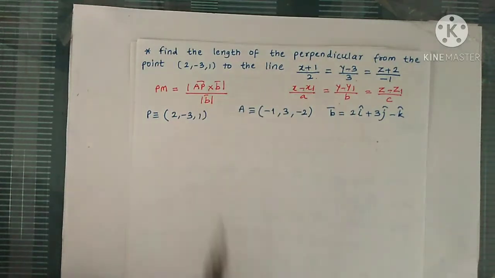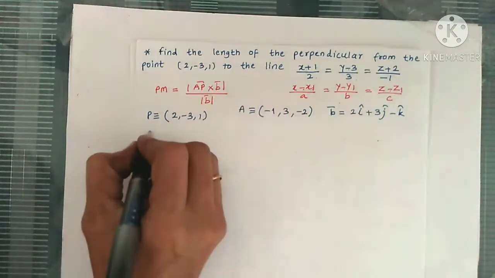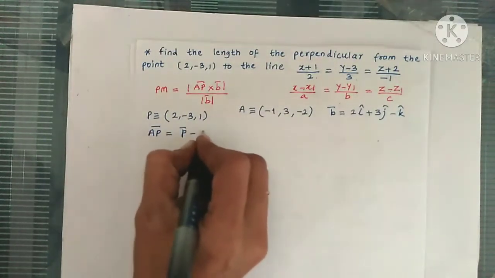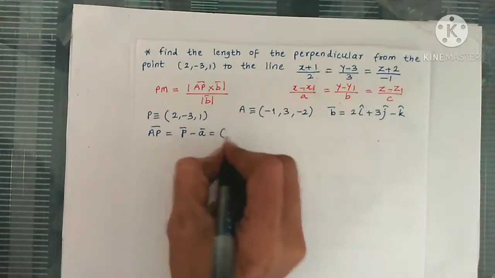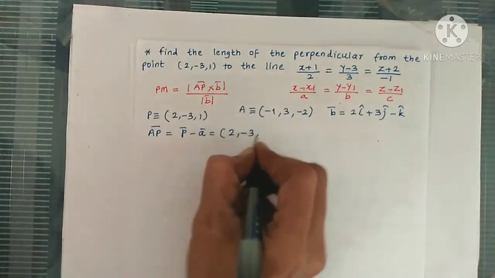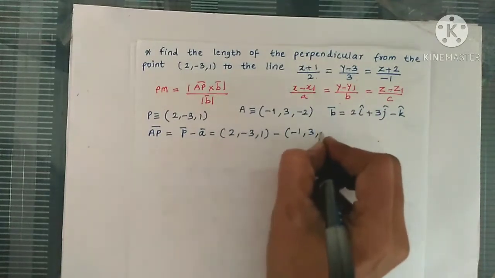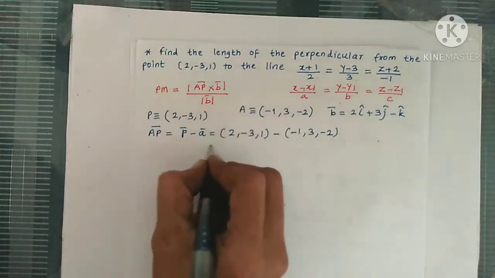Now the next one is, first of all let's find out AP bar and then the cross product. So AP bar is P bar minus A bar. So 2, minus 3, 1 minus the coordinates of A, which are minus 1, 3, minus 2.